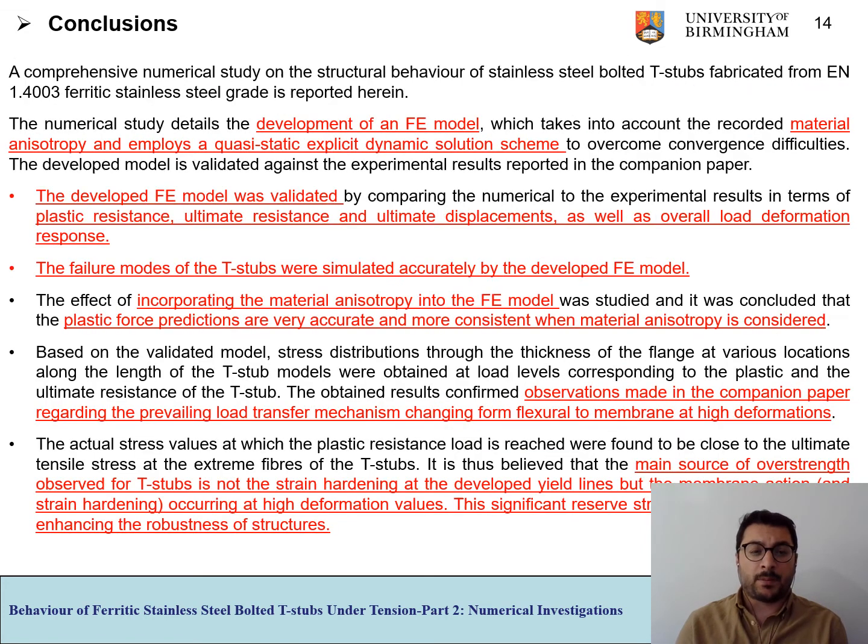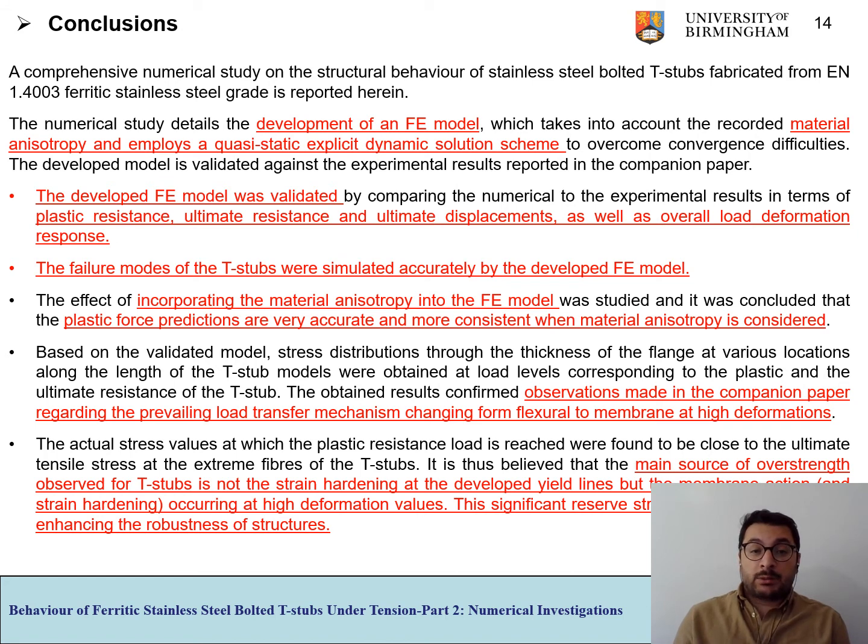To conclude, a comprehensive numerical study on the structural behavior of stainless steel T-stubs fabricated from ferritic stainless steel grade is reported herein. The material anisotropy was included in the developed finite element models, which employ a quasi-static explicit dynamic solution scheme to overcome convergence difficulties.